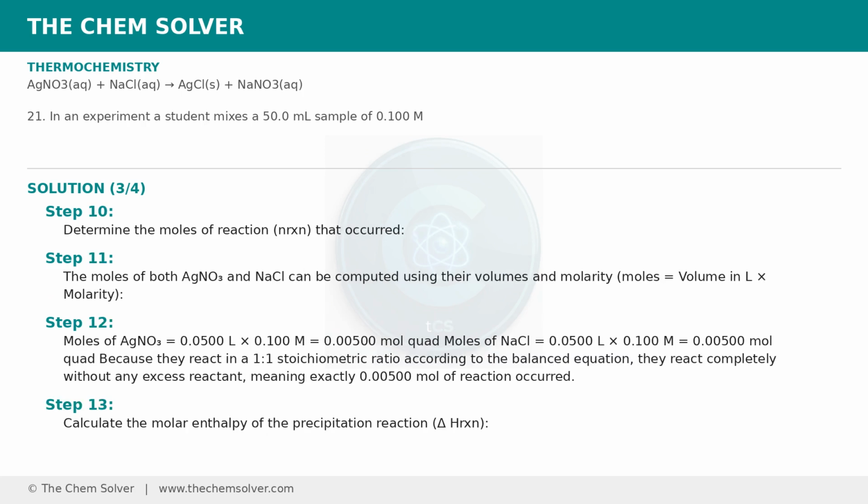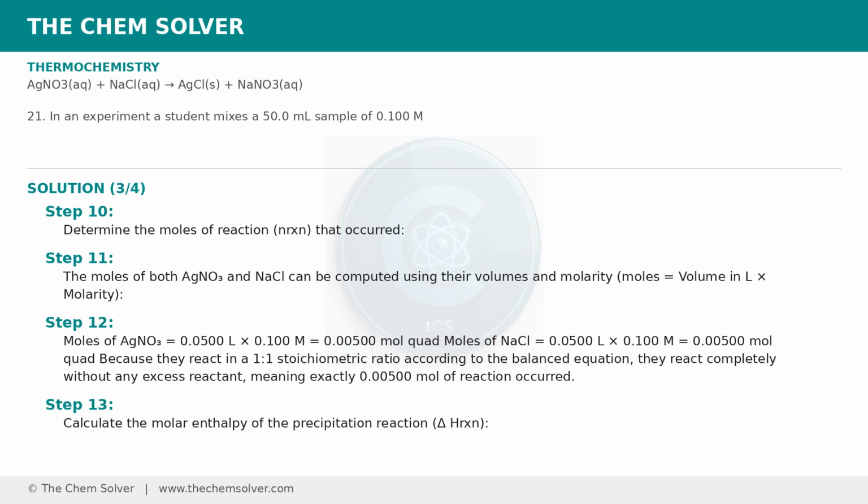Determine the moles of reaction, NRXN, that occurred. The moles of both AgNO3 and NaCl can be computed using their volumes and molarity. Moles equals volume in liters times molarity. Moles of AgNO3 equals 0.0500 liters times 0.100 molar equals 0.00500 moles.